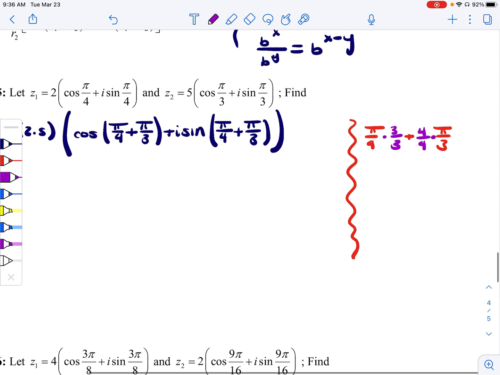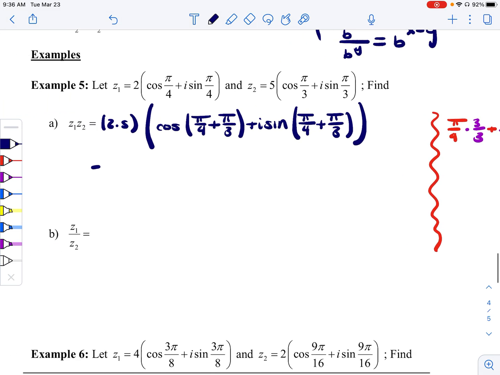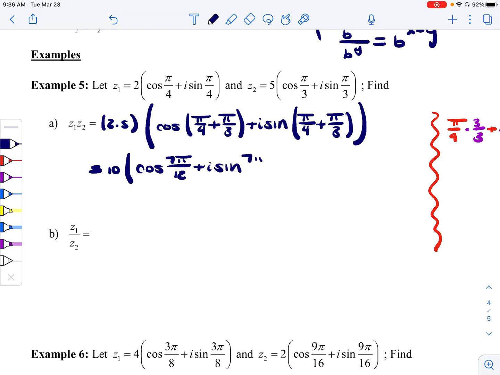So we have 3 pi over 12 plus 4 pi over 12, which is 7 pi over 12 as our new angle. Simplifying, 2 times 5 is 10, times the quantity cosine of 7 pi over 12 plus i sine of 7 pi over 12. And that is our final answer.